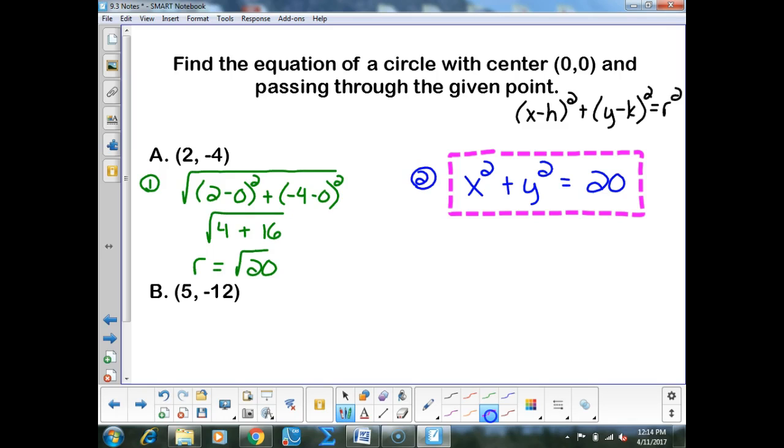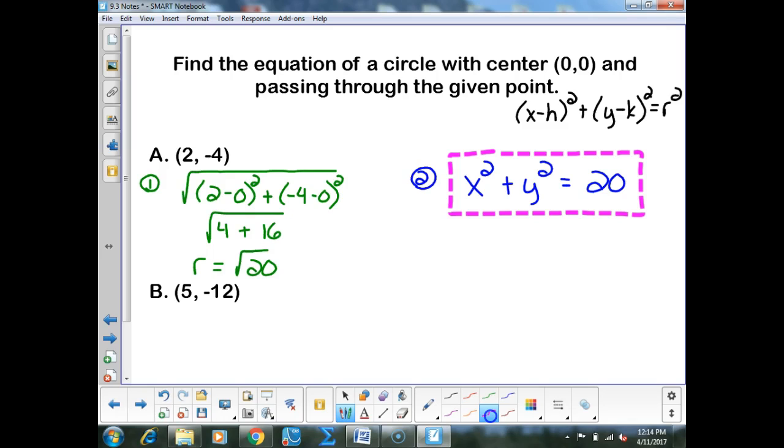So it's x minus 0 quantity squared, but we just write that as x squared. And really it's y minus 0 quantity squared, but we just write that as y squared. Why would you get rid of the square root of 20? Because this is r, right? And in my equation for a circle, it's r squared. We cancel. Square root of 20 squared is just 20.